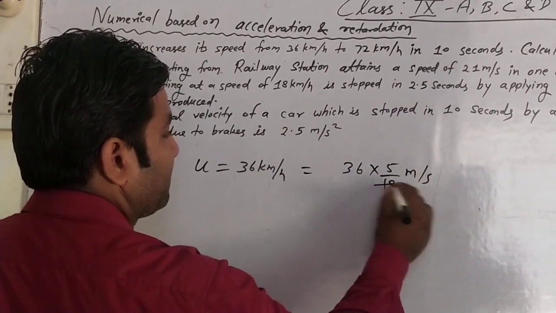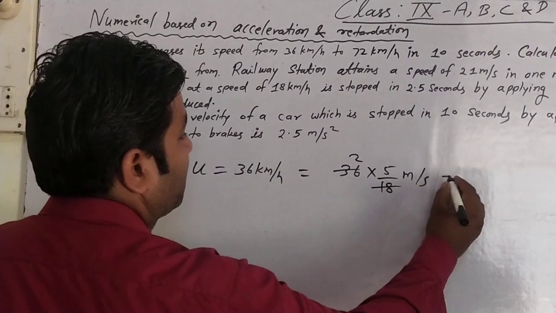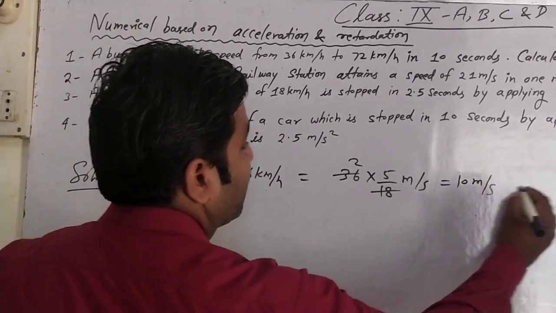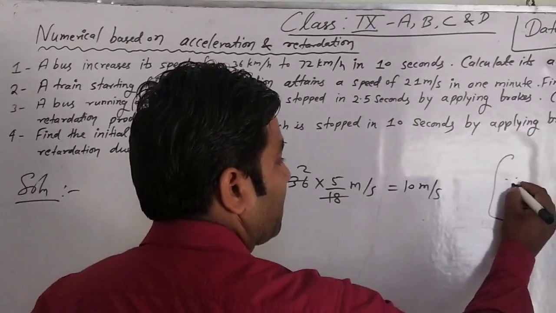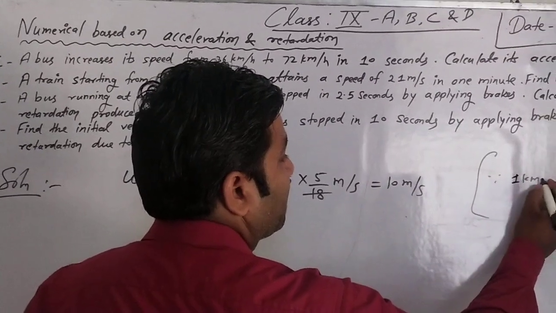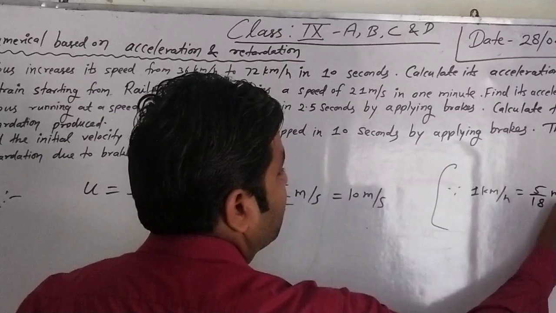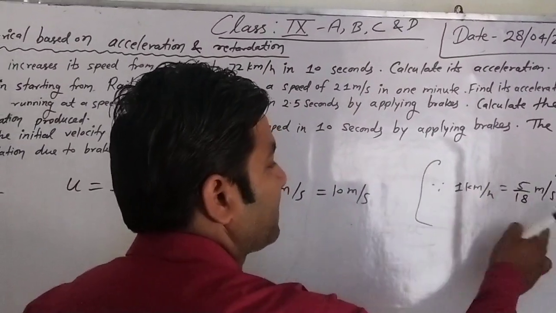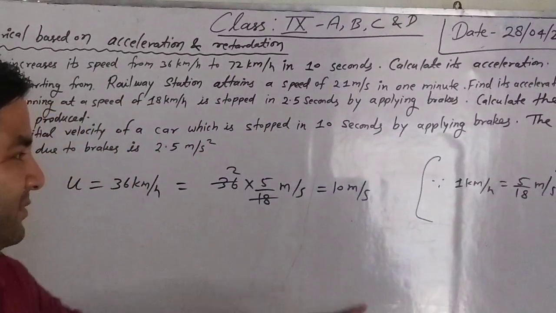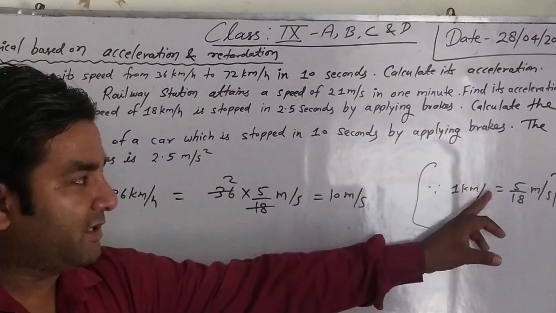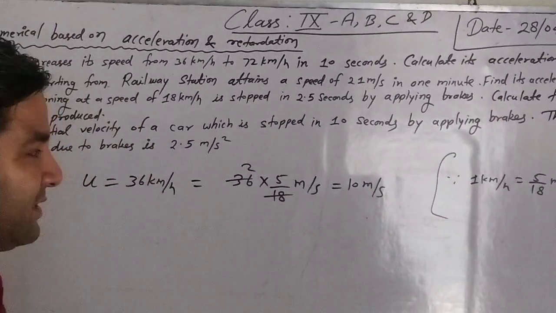This becomes 10 meter per second. Why is this taken? Because 1 kilometer per hour is equal to 5 upon 18 meter per second, converting kilometer into meter and hour into second, 1000 upon 3600.